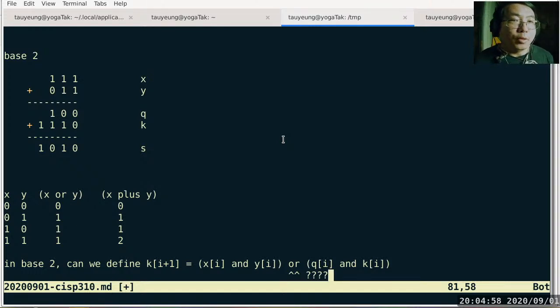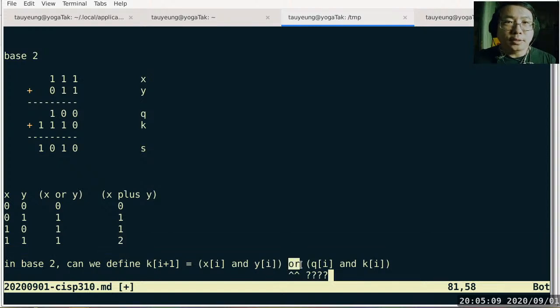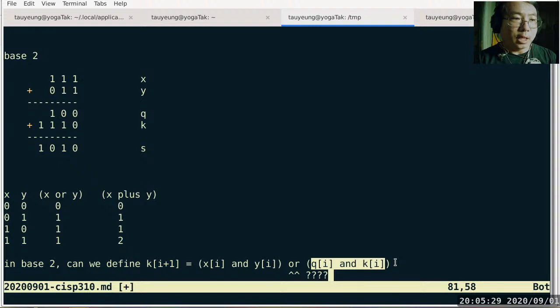So what we are really asking is, can the last row happen? Can this row happen so that the plus will give us a different result compared to the or? So when we try to answer the question, we are really trying to answer, can this conjunction give us a 1, and at the same time this conjunction also give us a 1?